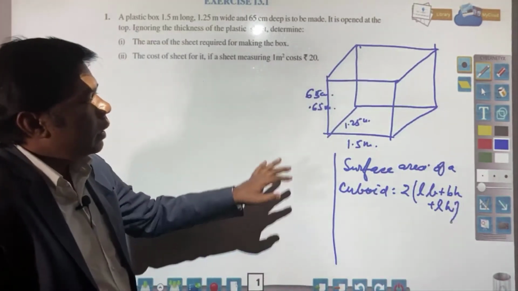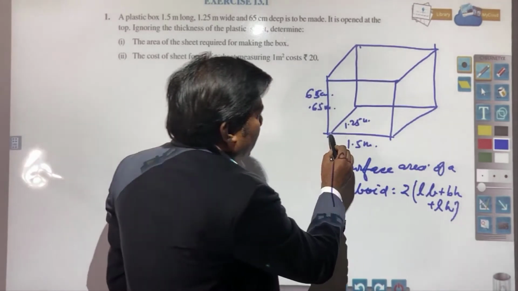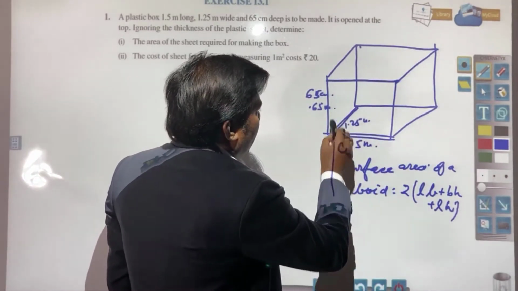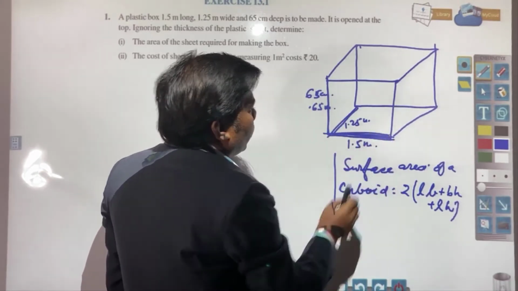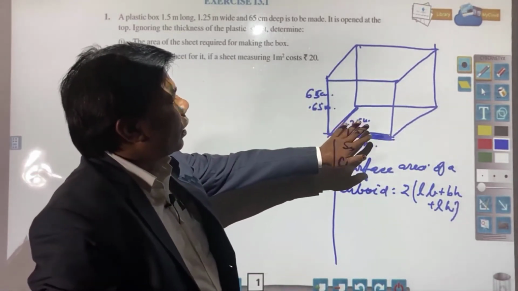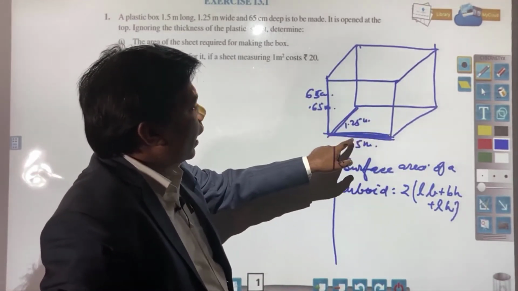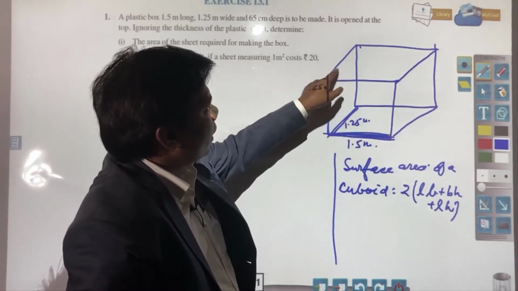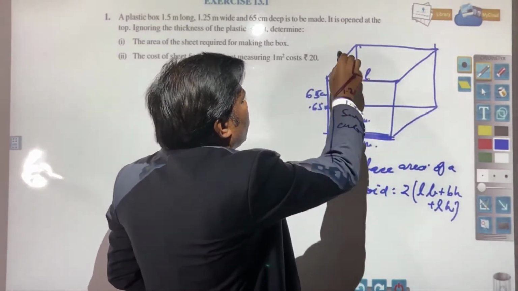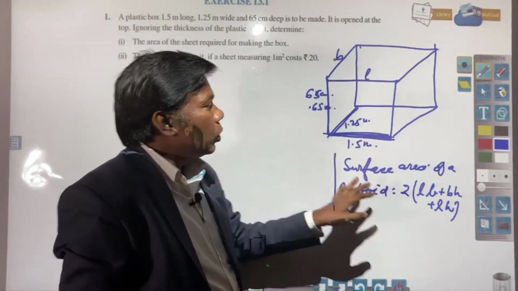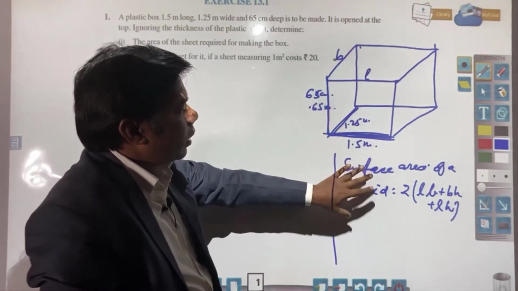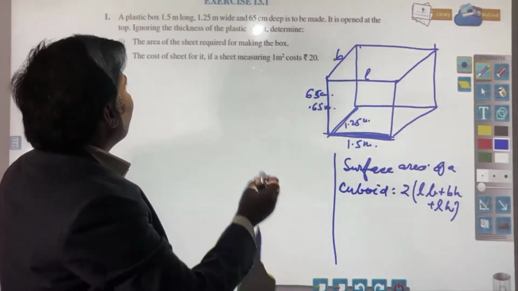But here in this condition, if suppose this is L, this is B and this is H, top is not required to be taken. Top is not required to be taken means what? L into B you will have here, and L into B here also. So one L into B you don't have to take. Keeping that in mind, we need to find out the surface area.